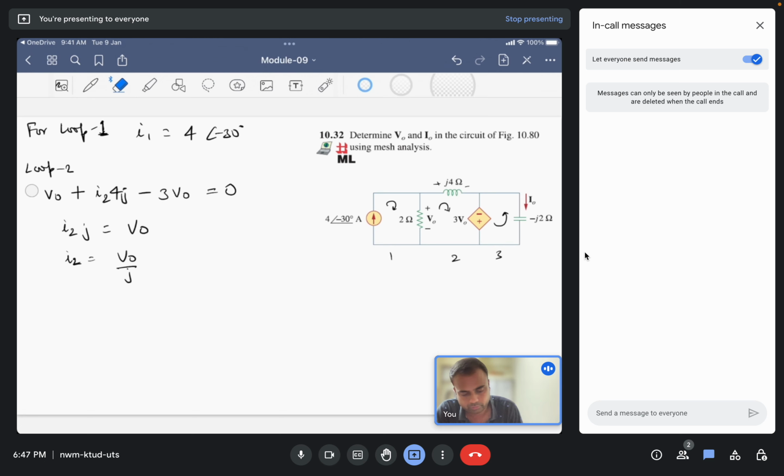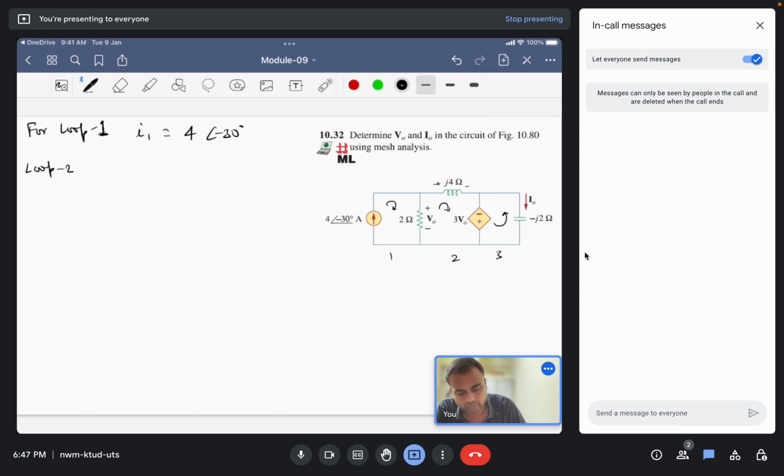I2 is equal to V0 by j. Now for loop 3. So in loop 3, the source is from negative to positive, so minus 3 V0 plus I3 into minus 2j is equal to 0.